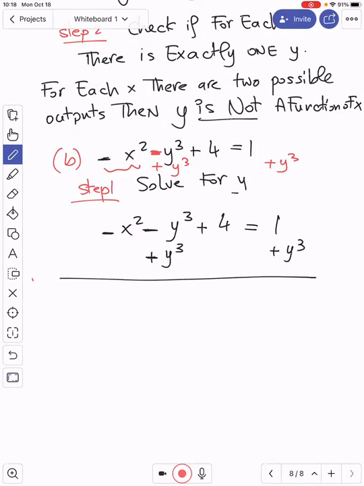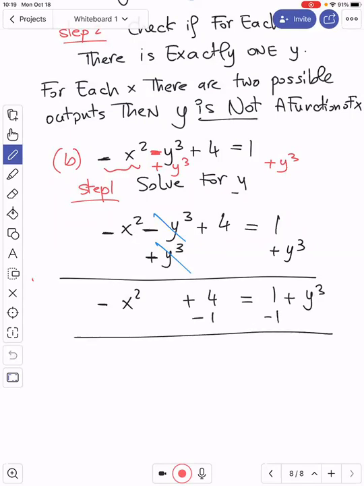Okay. So then that will be minus x squared plus 4 equals 1 plus y cubed. And then I'm just going to subtract 1 from both sides. So that's minus x squared plus 3 equals y cubed.